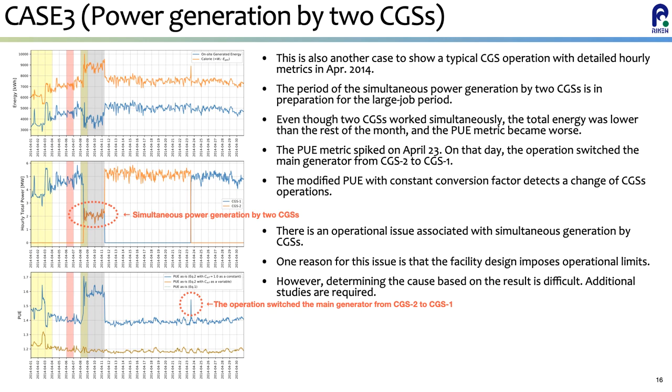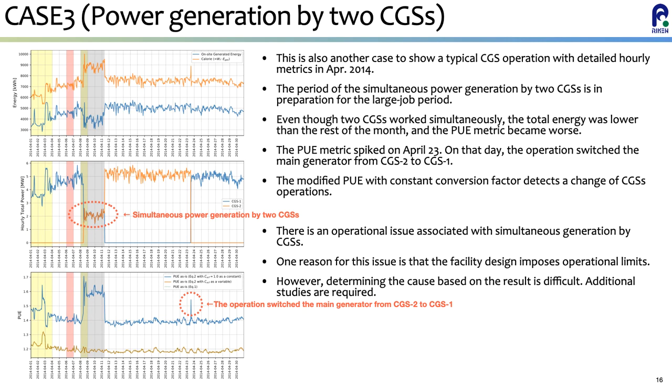From the middle figure, the period of simultaneous power generation by two CGS is in preparation for the large job period. However, even though two CGS worked simultaneously, the total energy was lower than the energy in the rest of the months, and the PUE metric became worse.